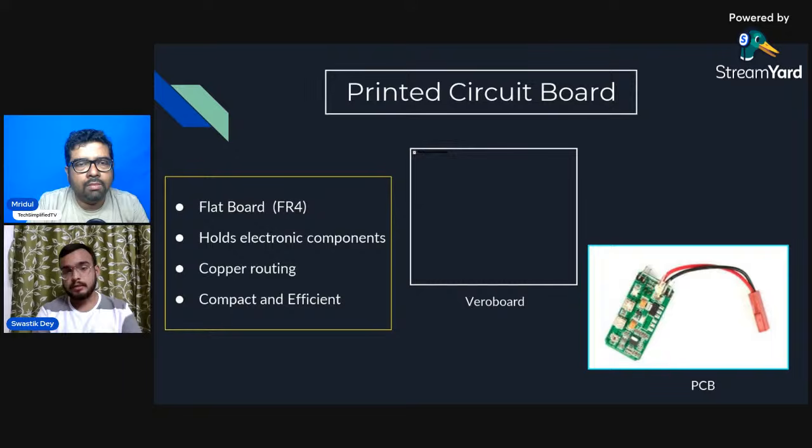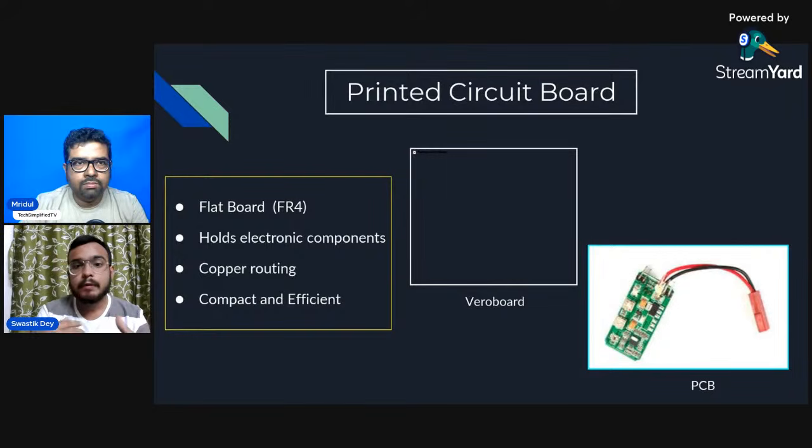We have various electronic components associated with it, and these are all soldered onto it. This board is made up of a fiberglass material, an FR4 material. These boards are compact and efficient in nature, and they reduce the footprint of a complex circuit to a great extent.